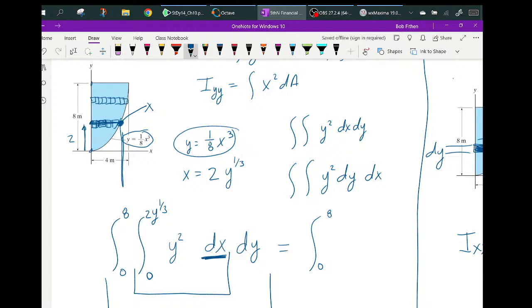What is the value of x that they reach the edge at here? x would be 2y to the 1/3. So that's what this value has to be. This is the way you were taught in Cal 1.